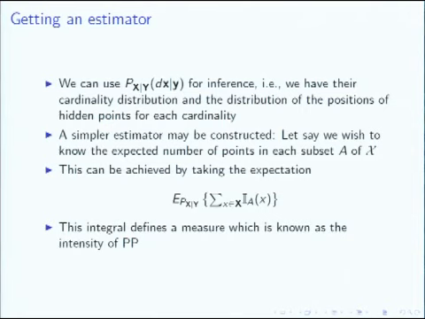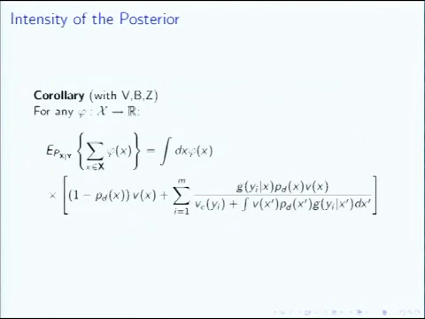Essentially, we need to characterize this expectation: for a hidden process, we count how many points live in A, and then we take the expected value with respect to the posterior distribution. This is what we want to characterize, and it is given by this result, which falls out from the characterization of the posterior. It says that the intensity of the superposition of two independent point processes is the sum of the intensities.